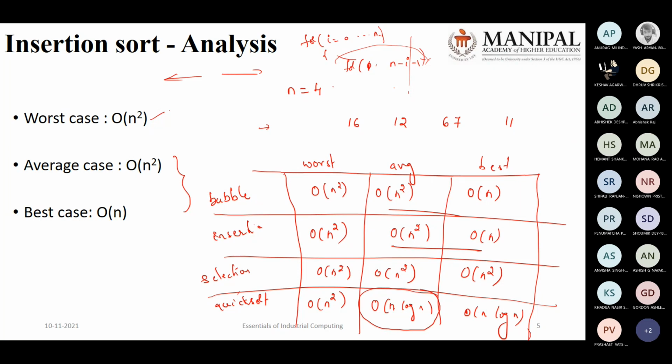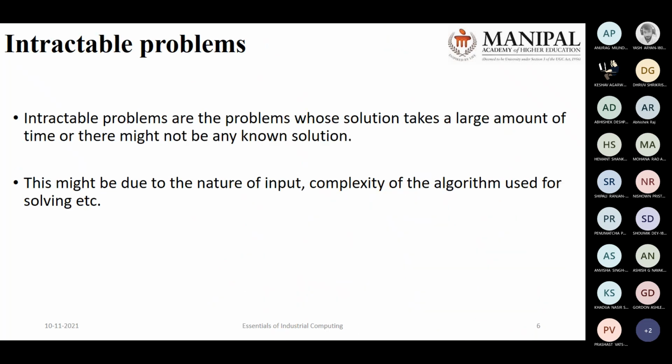That is the reason quicksort is preferred among the three other algorithms. So that is about chapter 4, where you had some commonly used sorting algorithms discussed with their complexities.